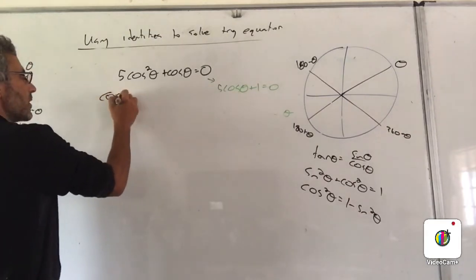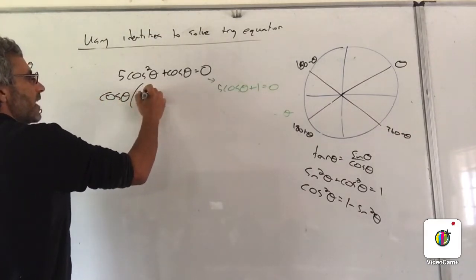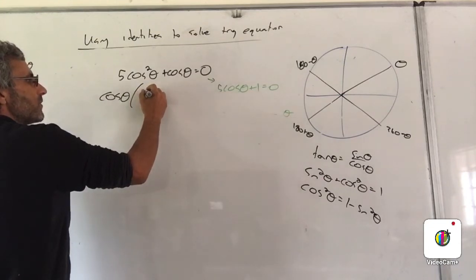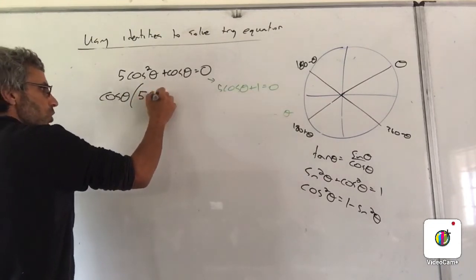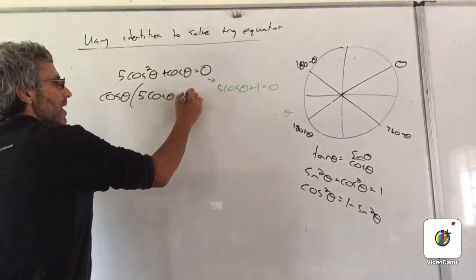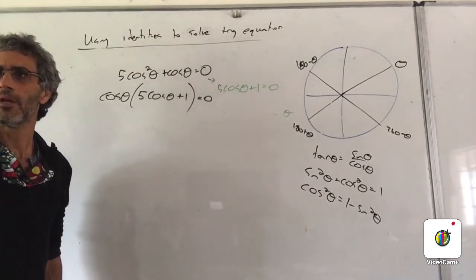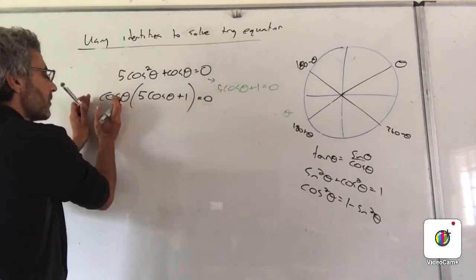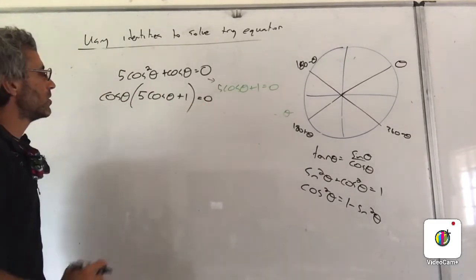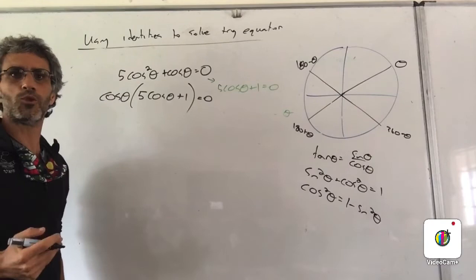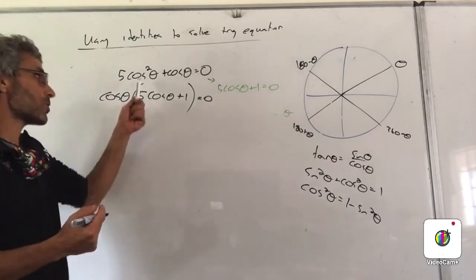So we're going to have cosine theta times 5 cos theta plus 1 equals 0. Now, I've got something times something equal to 0. What will be my possible solution? There's two possible solutions. It's a quadratic equation.